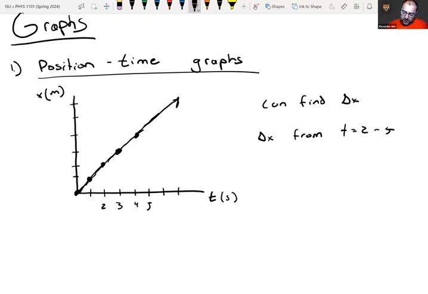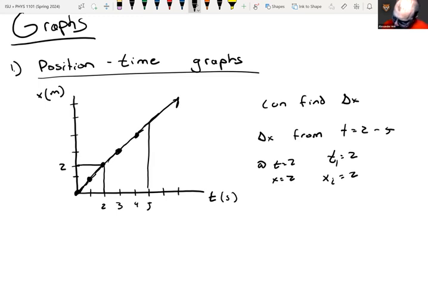Now what we can do is go up and say, okay, at t equal 2, we can go up there and go over, and then that is x equal 2. So at t equal 2, x equal 2. So t initial would be 2 and x initial would also be 2. And then we could go up at the 5.